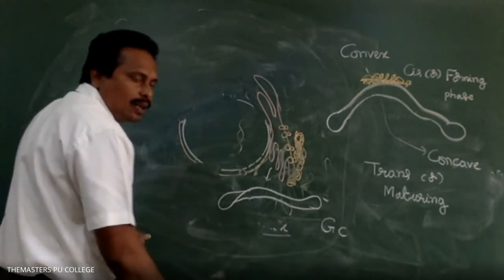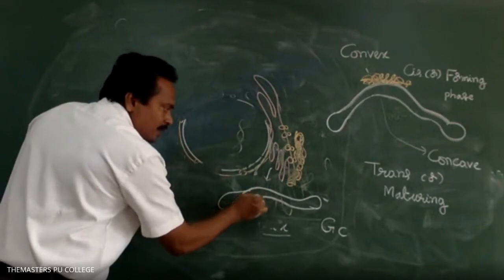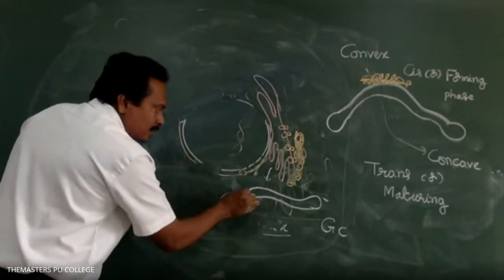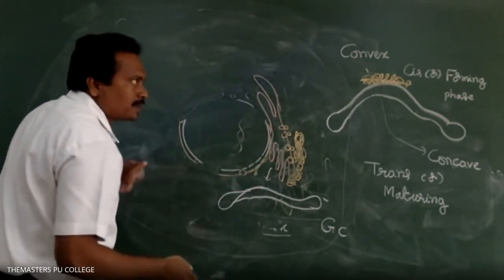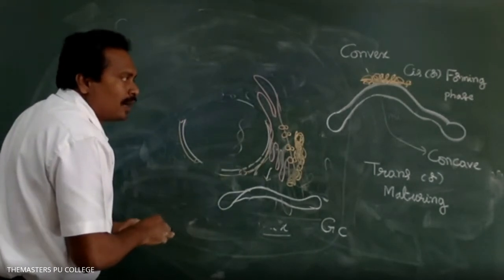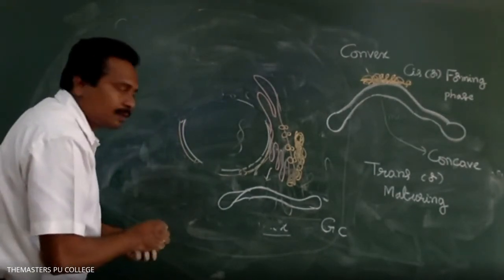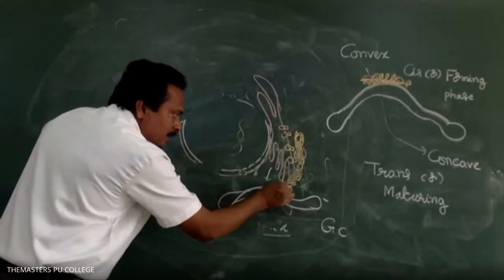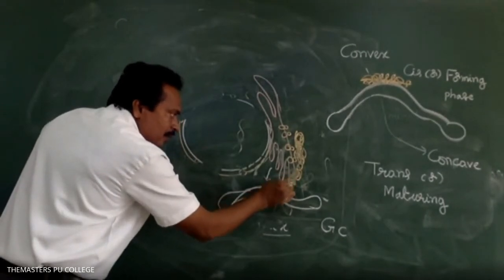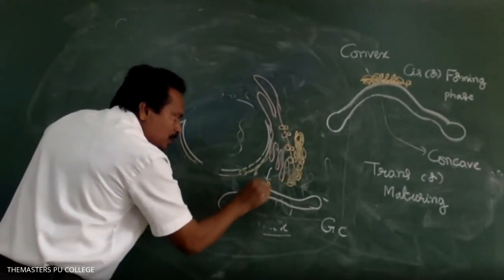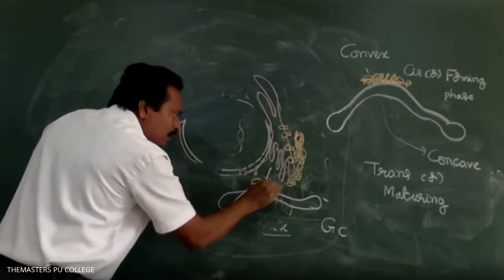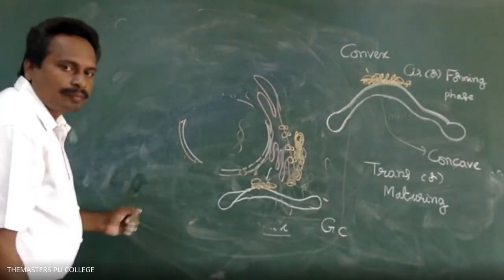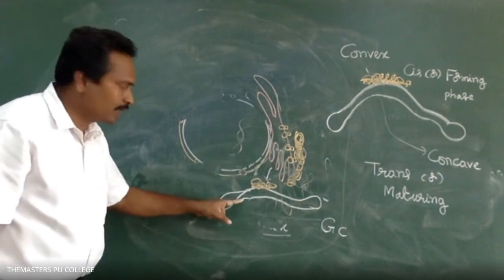In a Golgi complex, several cisternae are there. Each cisterna consists of two parts: the cis or forming phase and the trans or maturing phase. The synthesized proteins are moved from the rough endoplasmic reticulum to the cis phase of the cisternae.